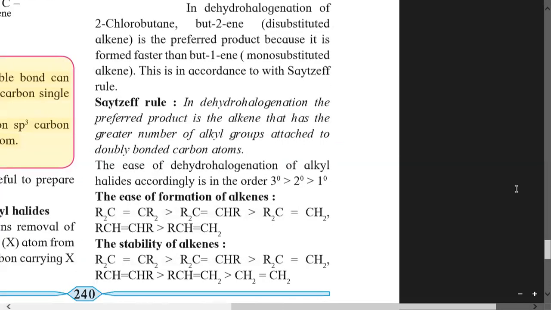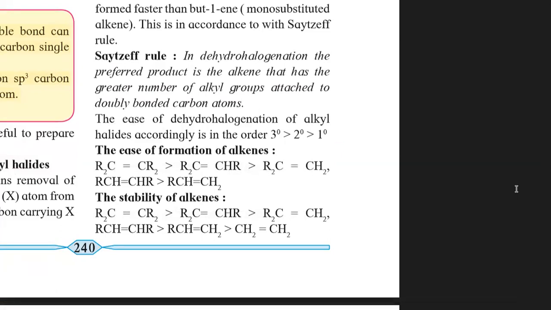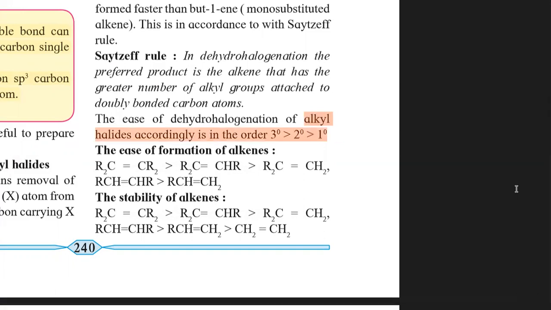This is the Saytzeff rule, and we have studied the application of the Saytzeff rule. The order of dehydrohalogenation of alkyl halides is tertiary greater than secondary greater than primary.